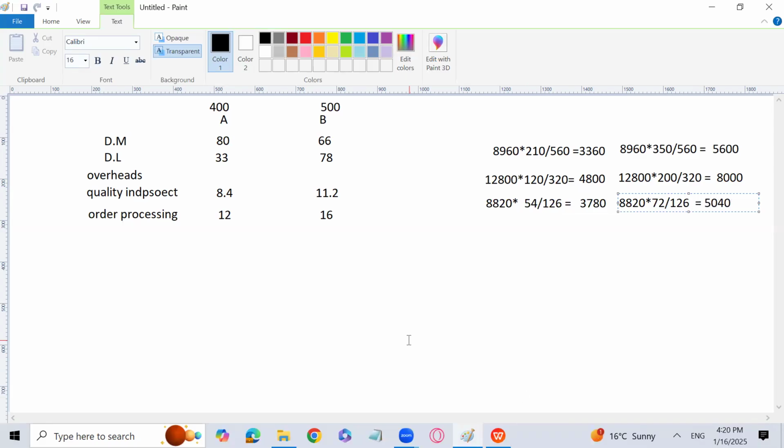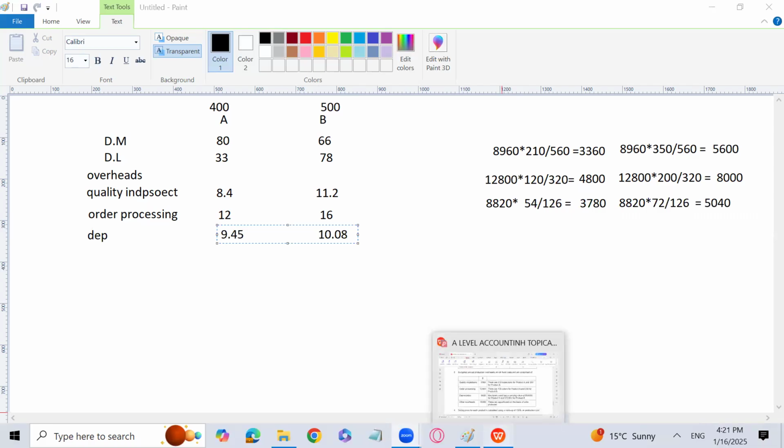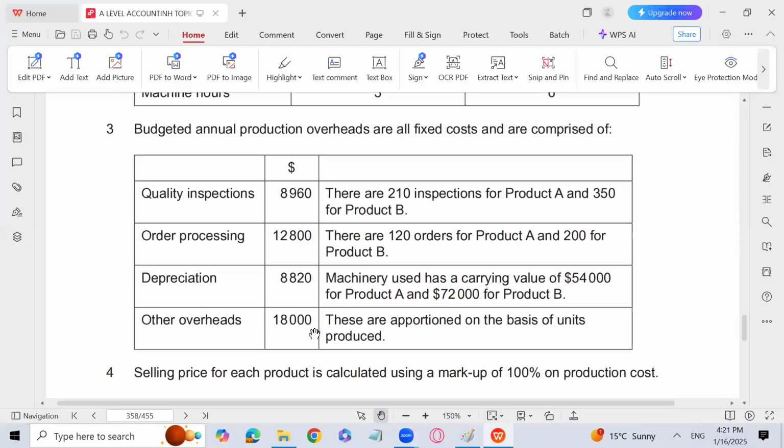Okay. 3780 divided by 400, I will get the per unit cost of depreciation regarding overheads according to ABC: 9.45, and 5040 divided by 500, 10.08. So depreciation I have calculated as 9.45 and 10.08, which is distributed between the two products A and B. 18,000 other overheads are apportioned on the basis of units produced.